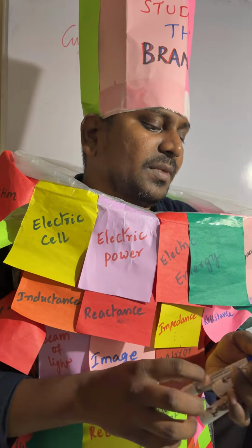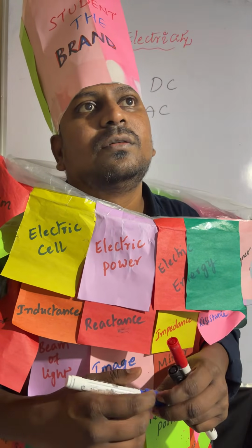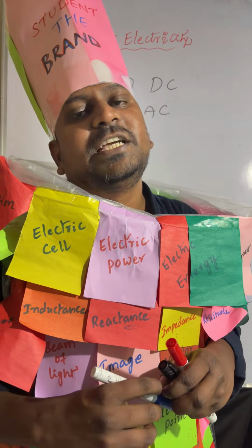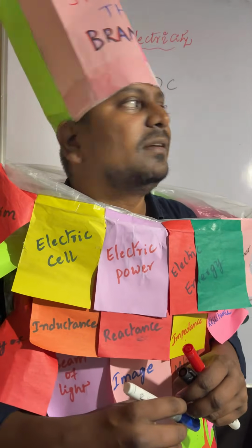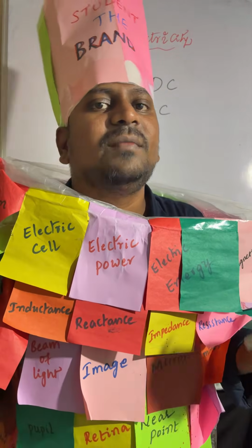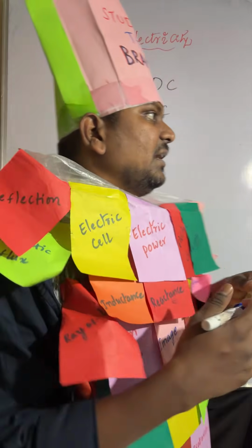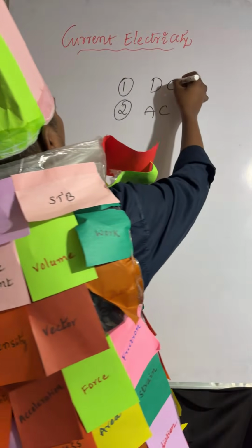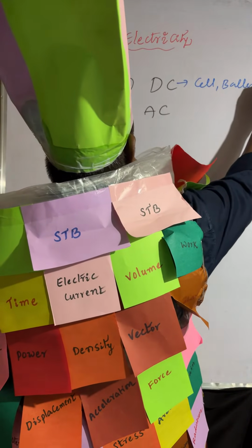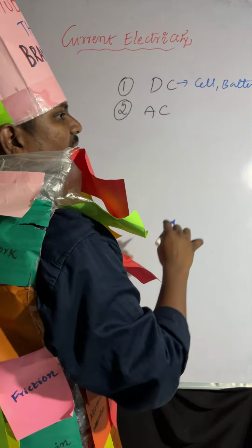Direct current is the current whose magnitude and direction do not change with time. Sources are cell, battery and DC dynamo.